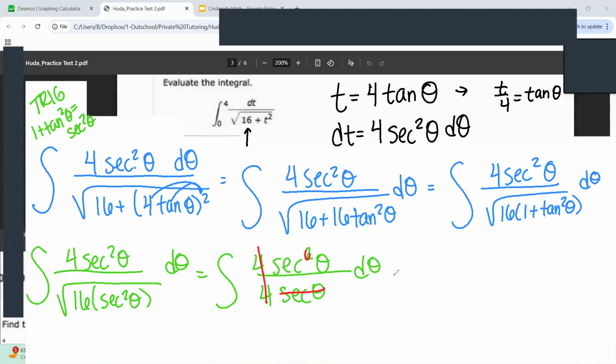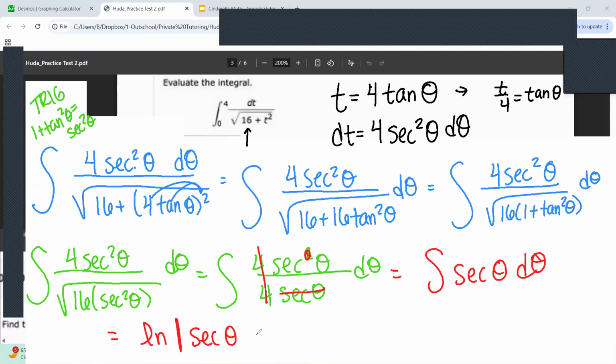This one would go and just leave this one. So we have integration of secant theta d theta. Now, hopefully you either know what the integration of secant is or you're allowed to use an integral cheat sheet. The integration of secant is natural log absolute value secant theta plus tangent theta.